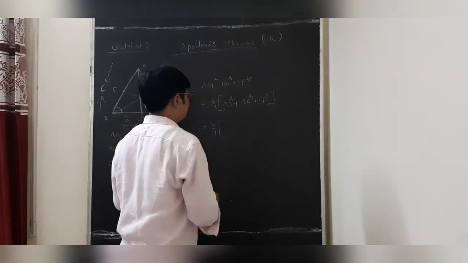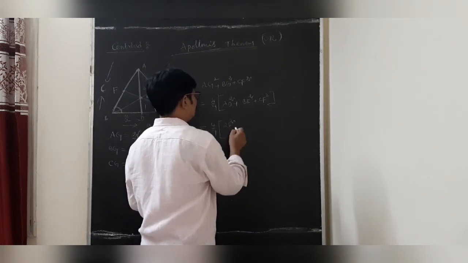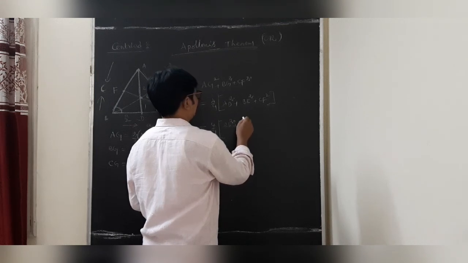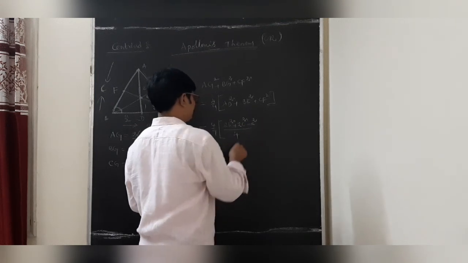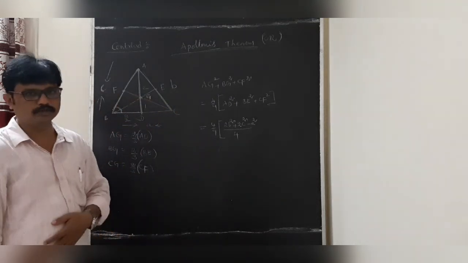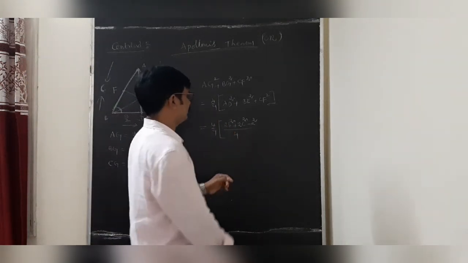AD square, we know that AD square is 2b square plus 2c square minus a square by 4.